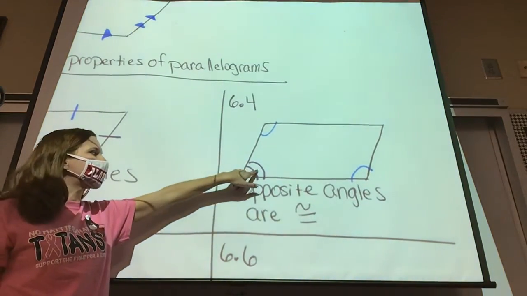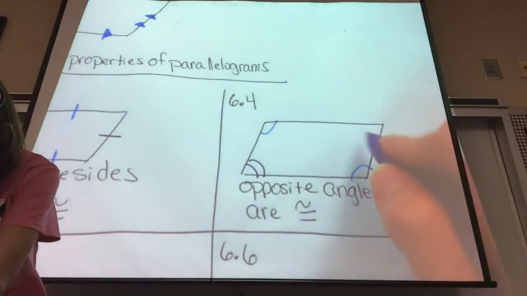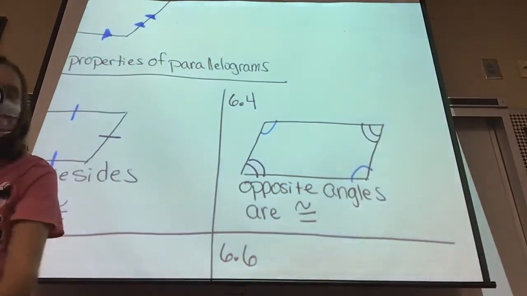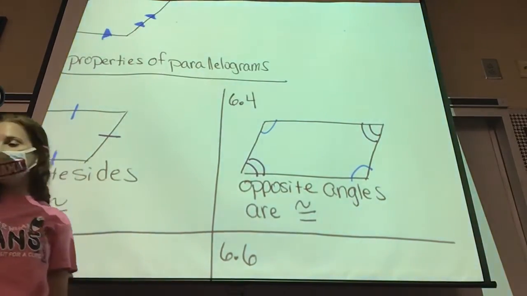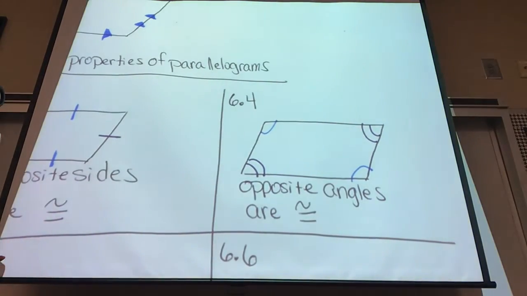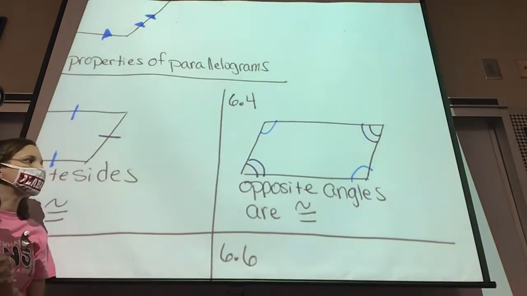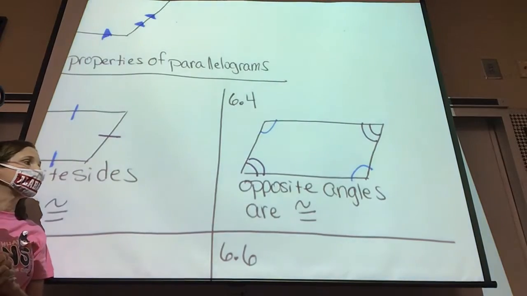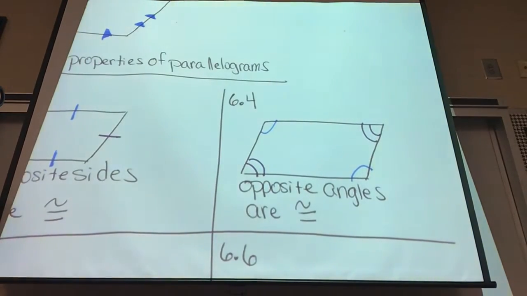So I know this one, since it's got 2, is going to be congruent to this one. So we know about sides, we know about angles now, but we still have 2 more that we've got to talk about.